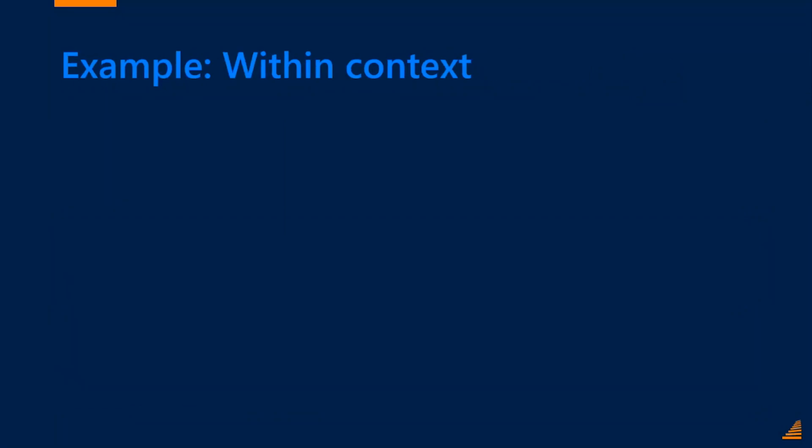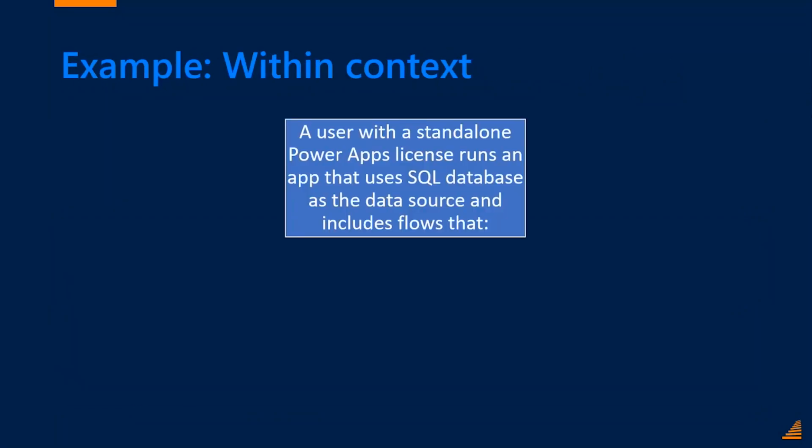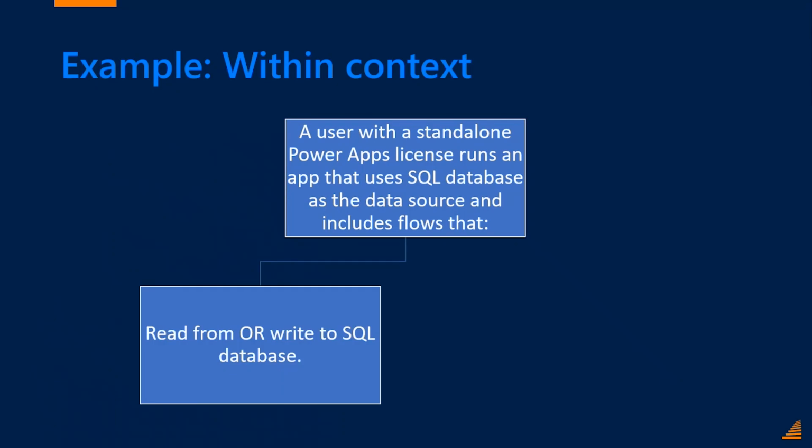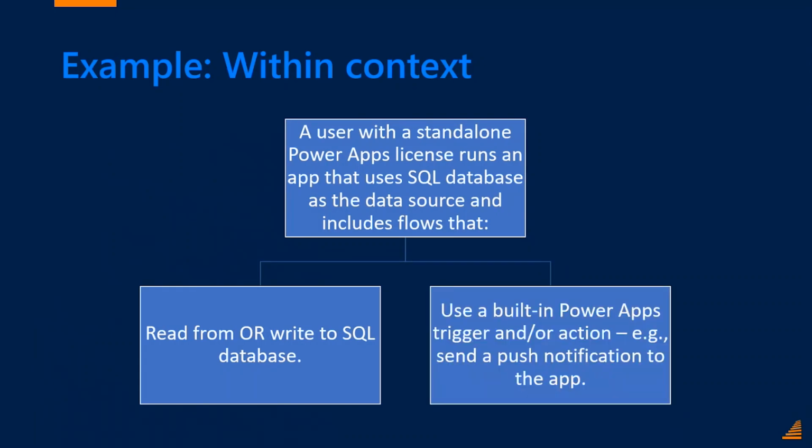But as an example, if there was a user with a standalone license, they've made the Power App, it uses SQL as its source, and they wanted to create a Power Automate flow that read from or wrote to that SQL database, or they wanted to use a built-in trigger in the Power App that sends a notification through the flow, that's fine because it's within the context.